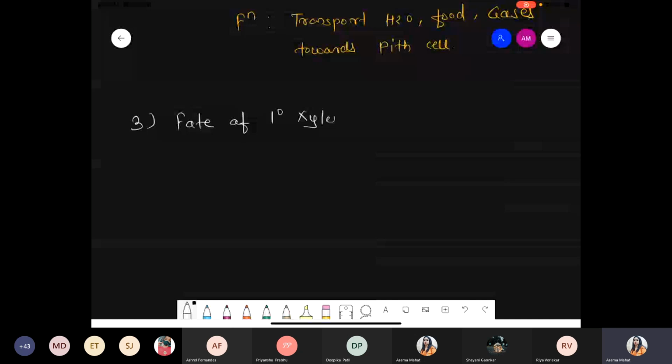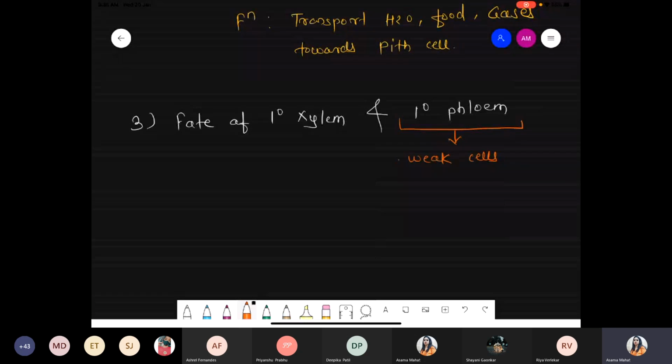Whenever we are talking about this part, that is primary phloem part, primary phloem cells are weak cells. So that weak primary phloem simply gets crushed. That's it. No question on the primary phloem, because these are very weak.